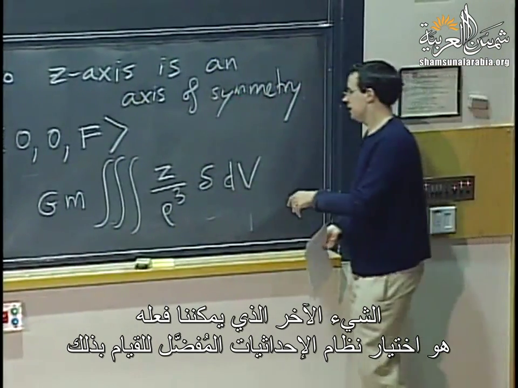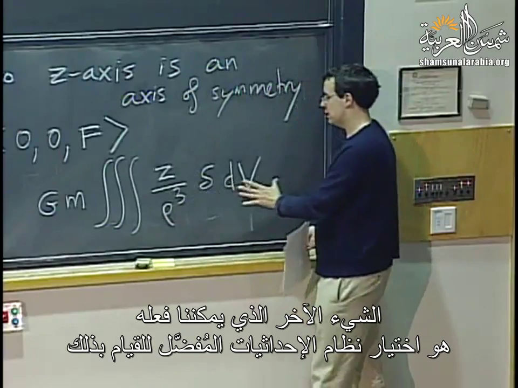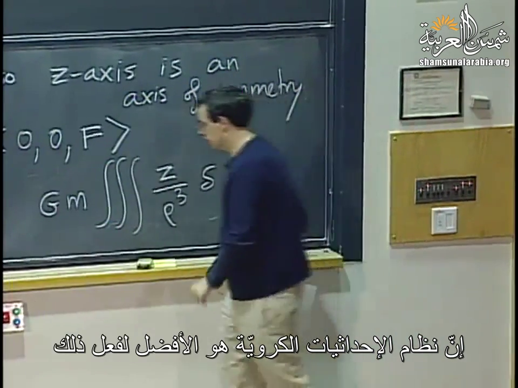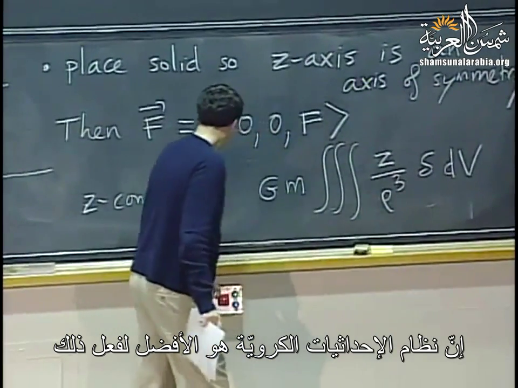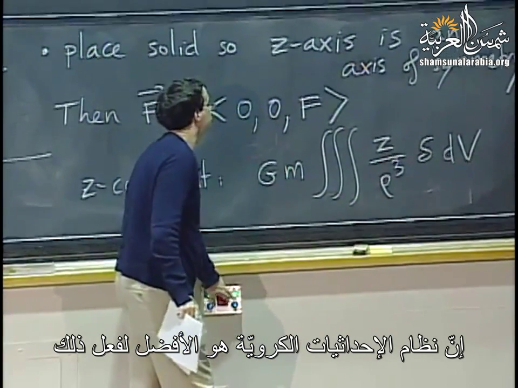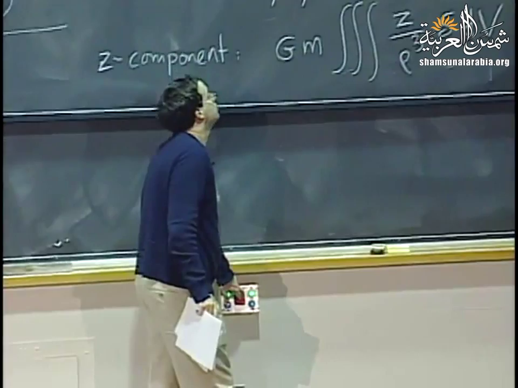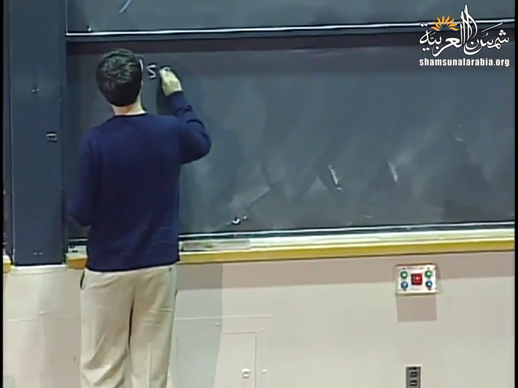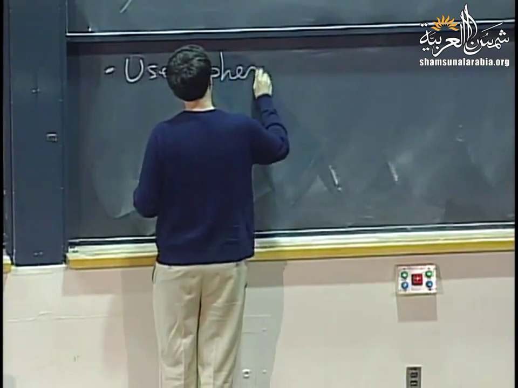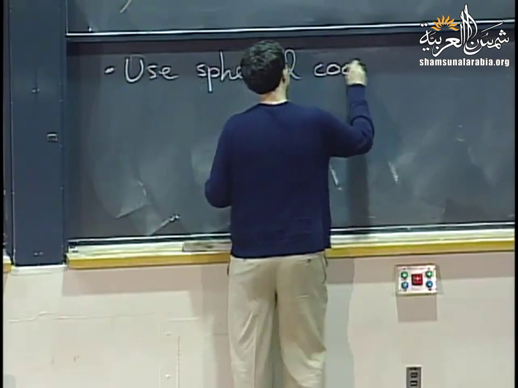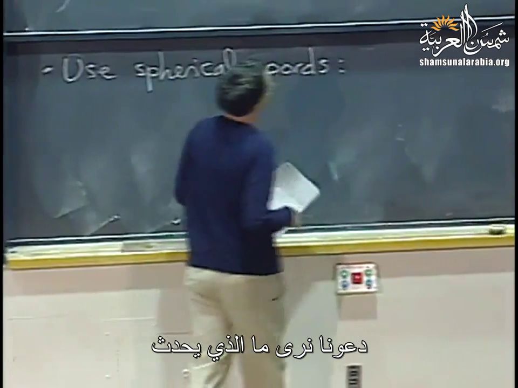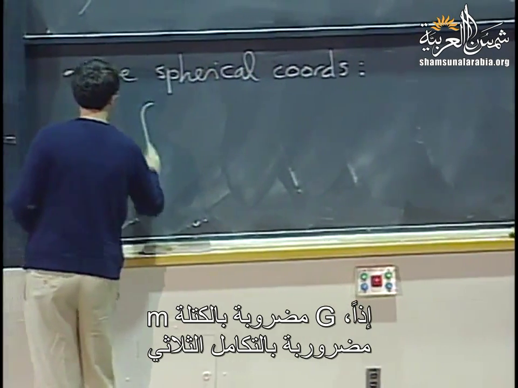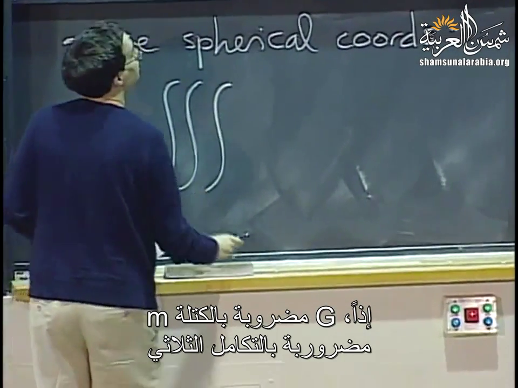The second thing is, well, we have to choose our favorite coordinate system to do this. But I claim that actually spherical coordinates are the best. Because let's see what happens. So G times mass times triple integral.